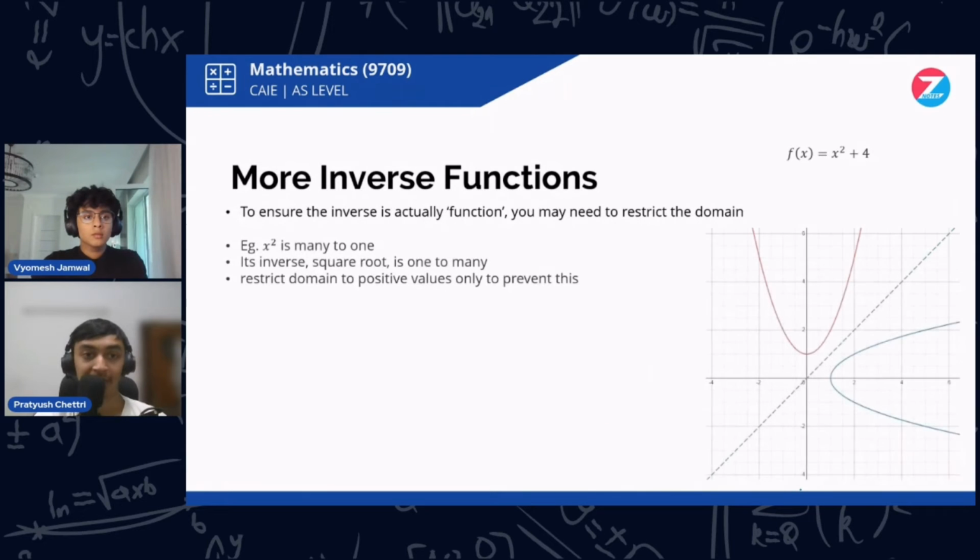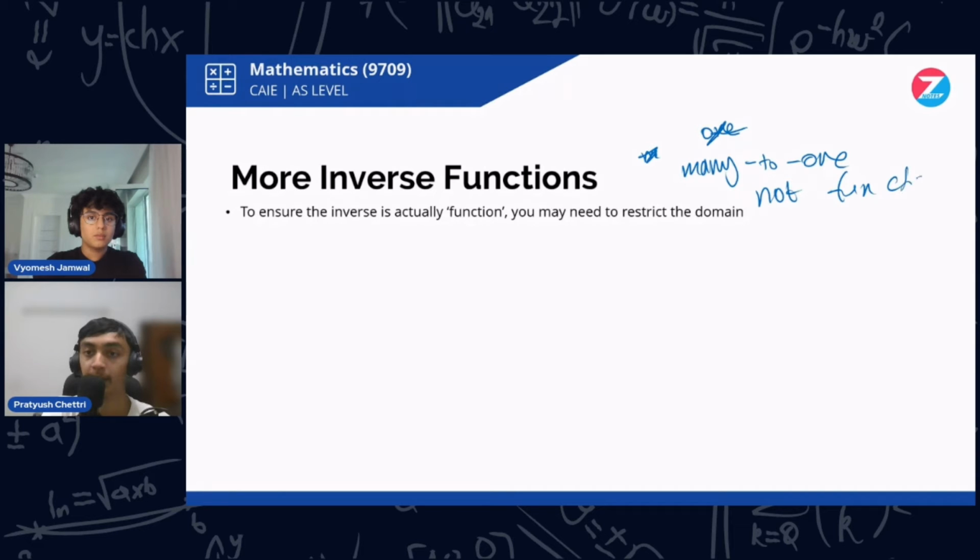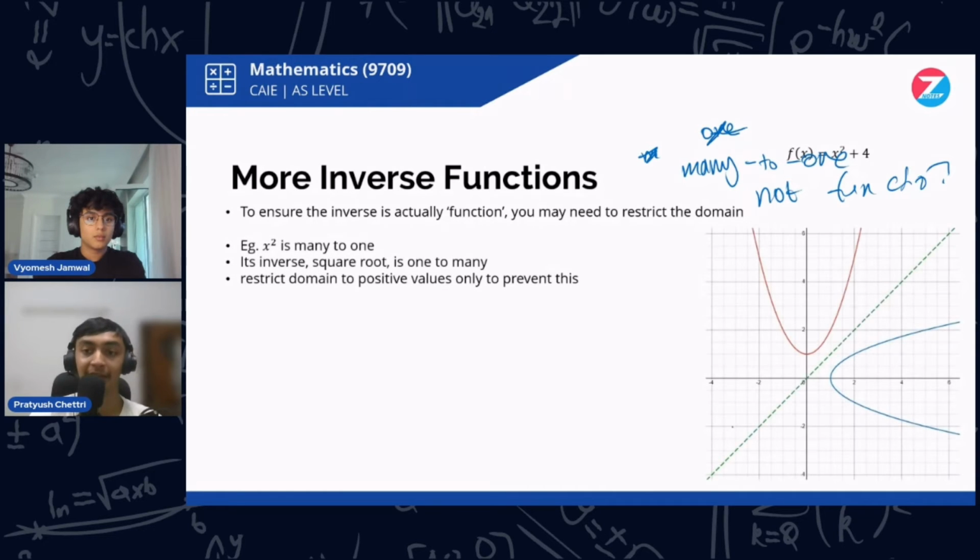More on inverse functions. Last thing. To ensure the inverse is actually a function, that means it's not one to many. Everything one. No, my bad. Many to one is not a function. What that looks like graphically is here.